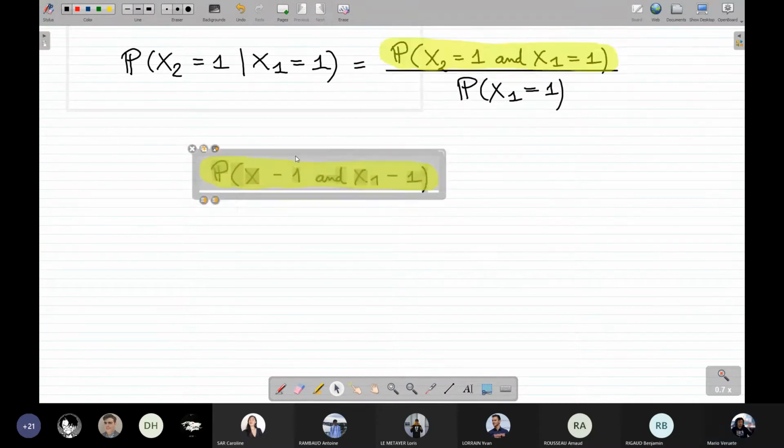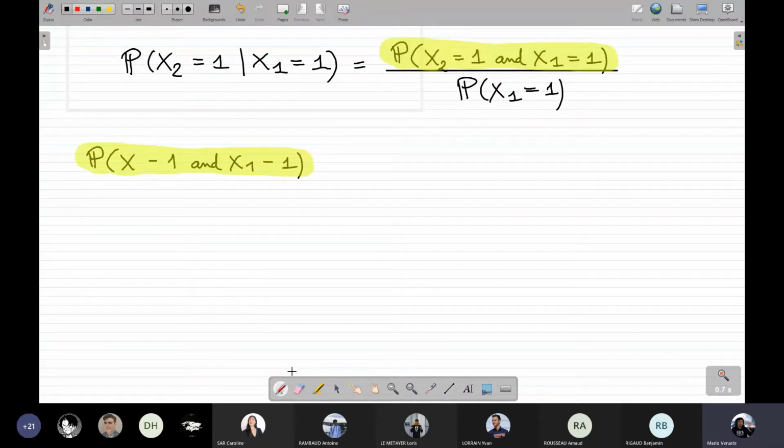This probability is actually equal to a sum of probabilities.